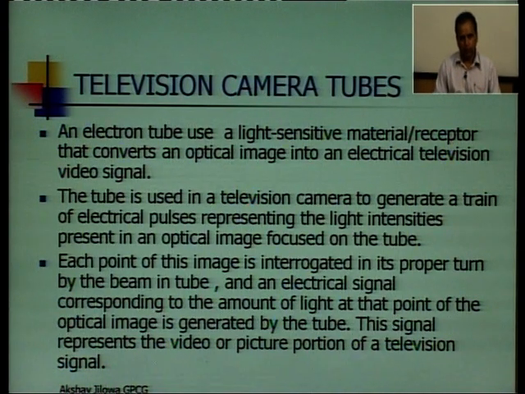So, for any particular region or area of the picture, a beam spot scans that image, and corresponding to the light intensity at that area, an electrical signal or electrical pulse is generated.